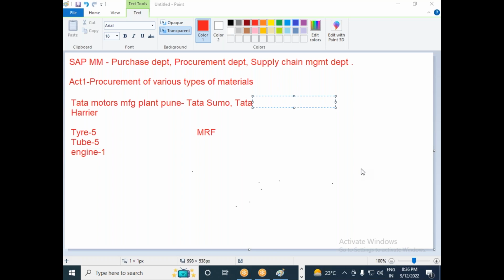The difference is that in S4 HANA you have two things: one is on-premise and the second one is the cloud. In case of cloud, the server and the maintenance of the database is owned by other companies, like IBM, Amazon, Oracle, etc. They maintain the database and you purchase it on a contractual, rental basis and use it for your purpose.